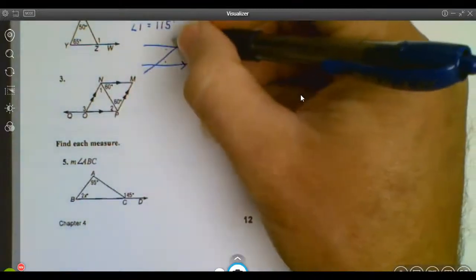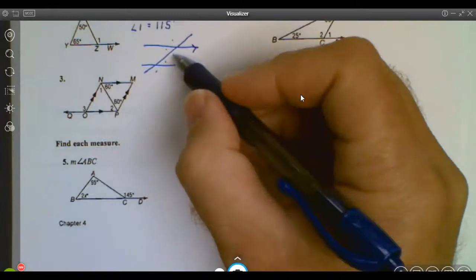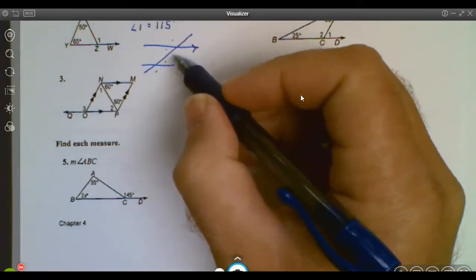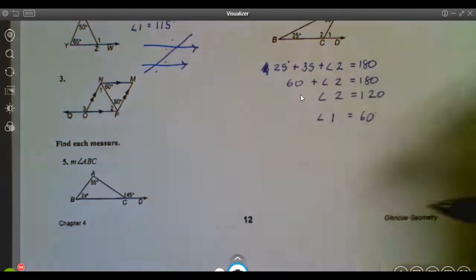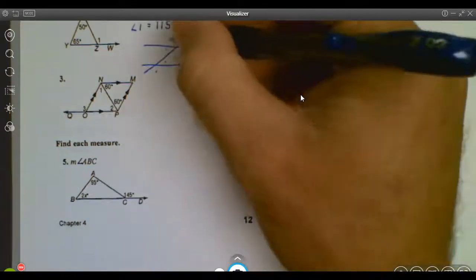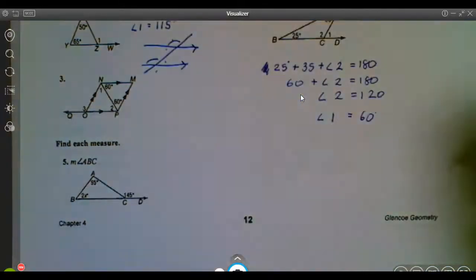We had alternate exterior angles, which are congruent. We had consecutive interior angles, which are supplementary. They add to 180. The fourth one was corresponding angles. Those would be ones like maybe this guy and this guy, which were congruent to each other. So you've got to hang on to those relationships, especially when you are looking at parallel lines, right? It's pretty much always going to go back to this drawing when you see parallel lines.